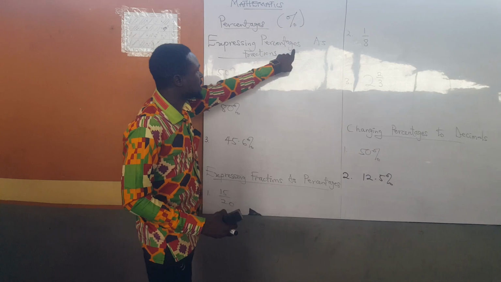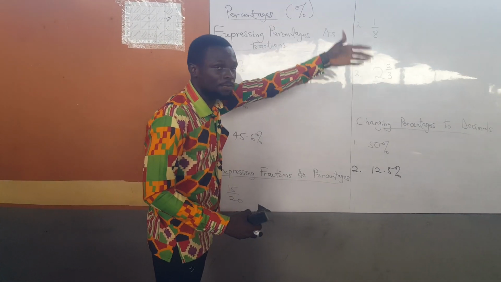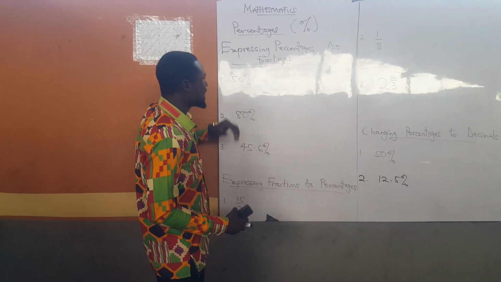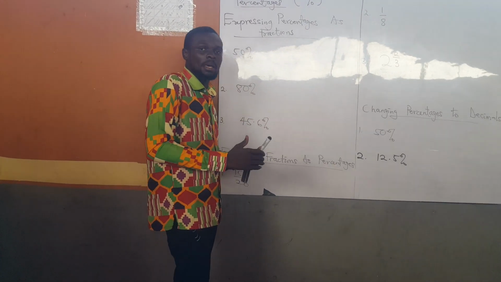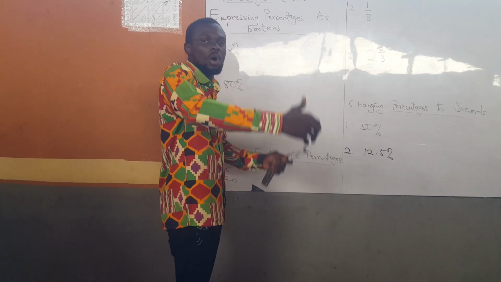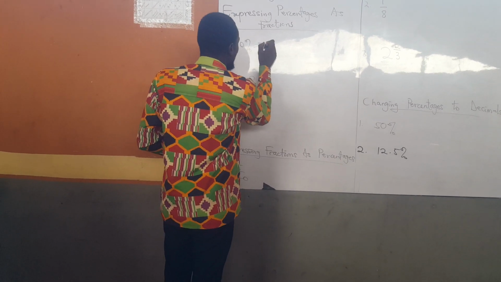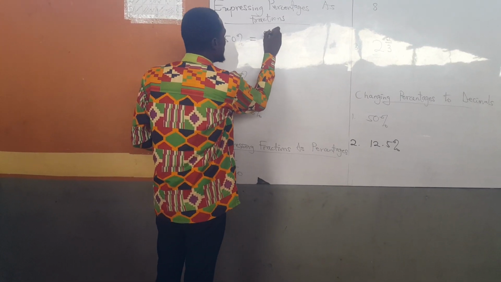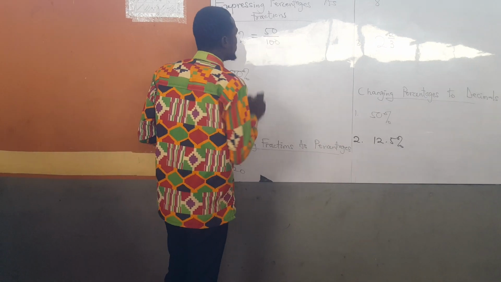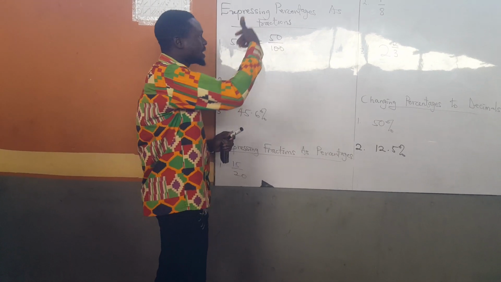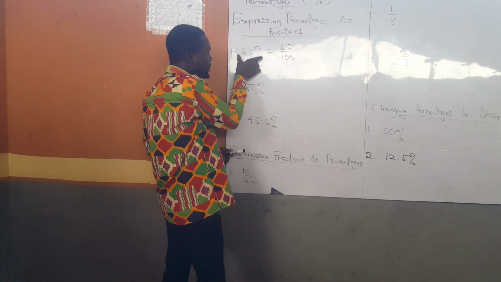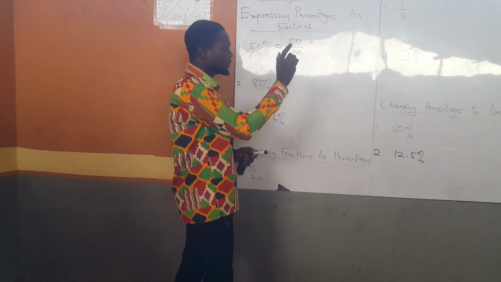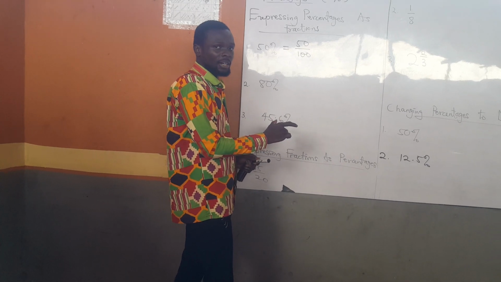The given percentage here is 50%, and 50% is the same as 50 out of 100. So writing this as a fraction will give me 50 over 100. We are done. That is expressing a percentage as a fraction. So 50% as a fraction will give us 50 over 100.